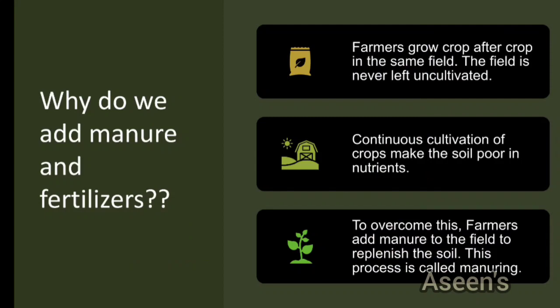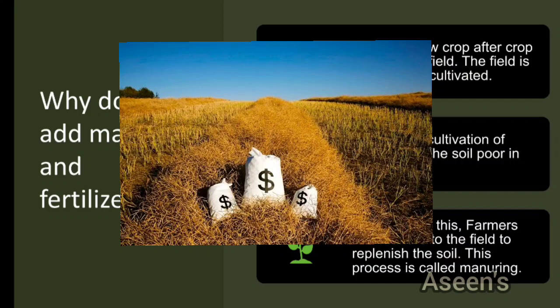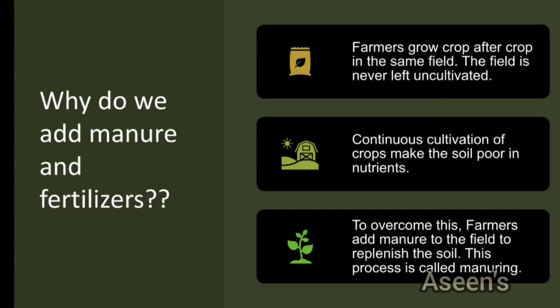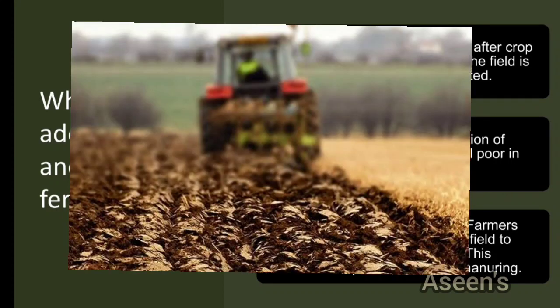Once the harvest is ready, the farmer sells their harvest and gets money out of it. So whatever financial needs the farmer has, they are met by selling their produce. So how can the farmer leave the land uncultivated?